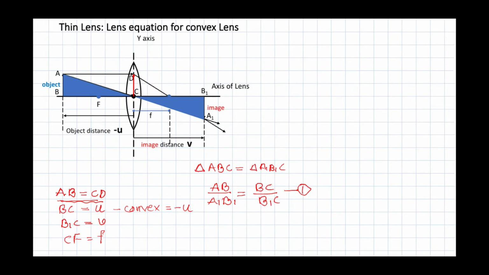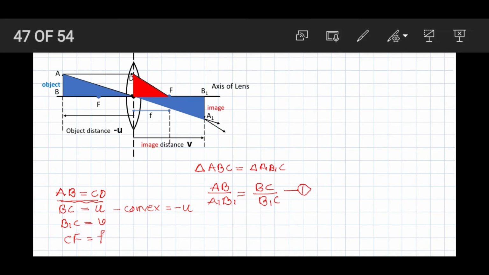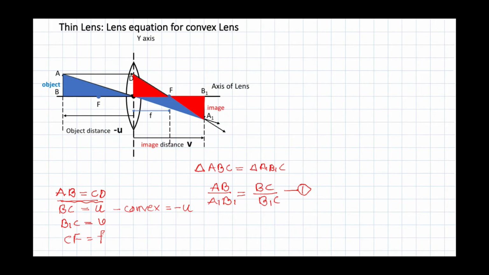So therefore here we see that in this case, to the right hand side, here triangle CDF. So this triangle CDF is exactly similar to triangle A1 B1 F. So these are again two similar triangles.